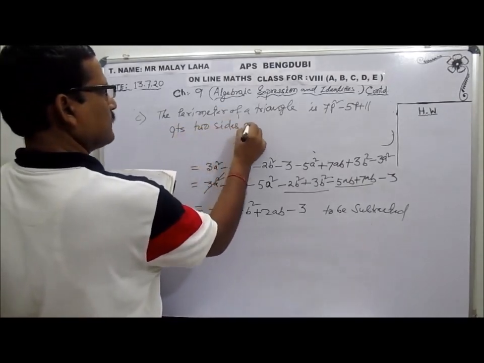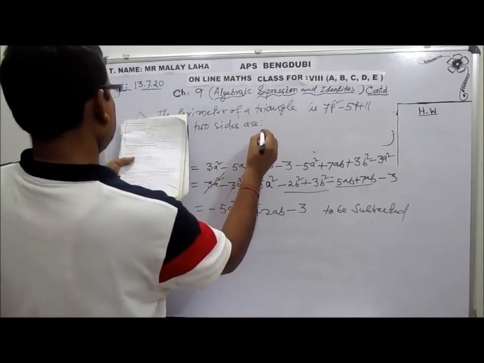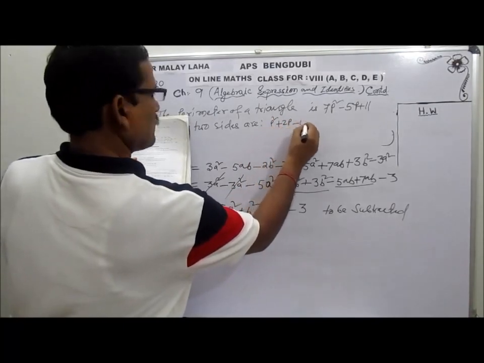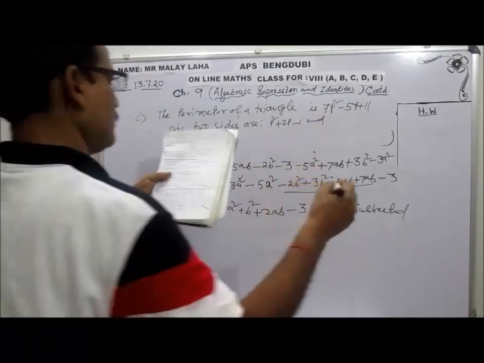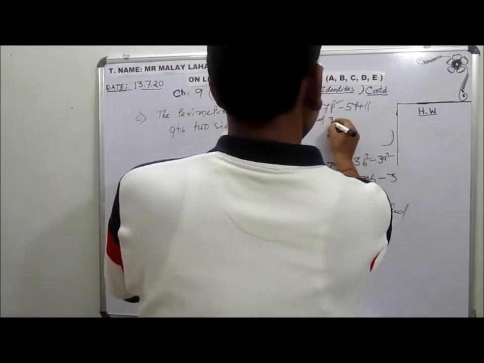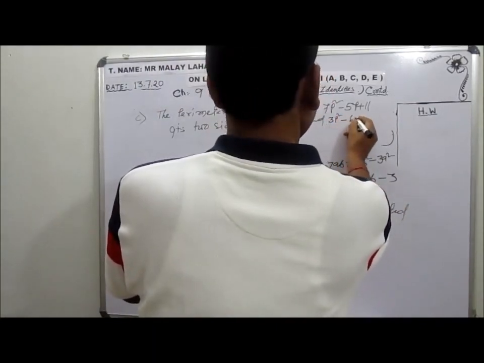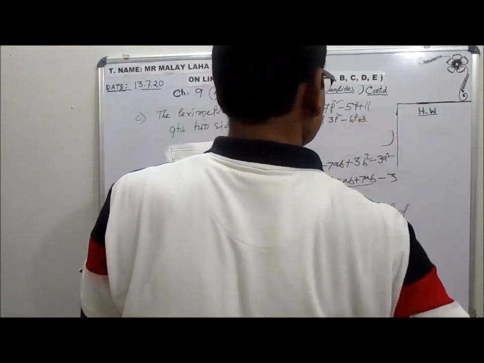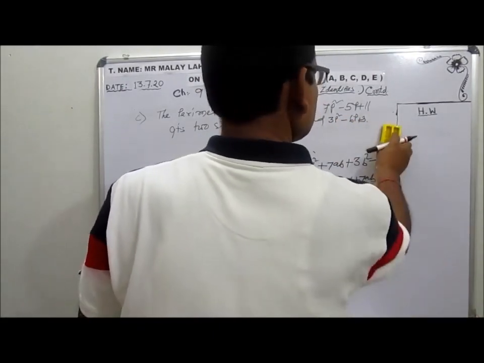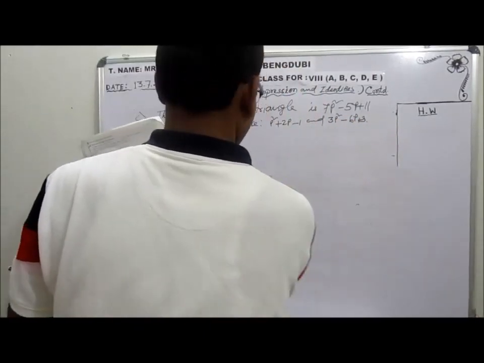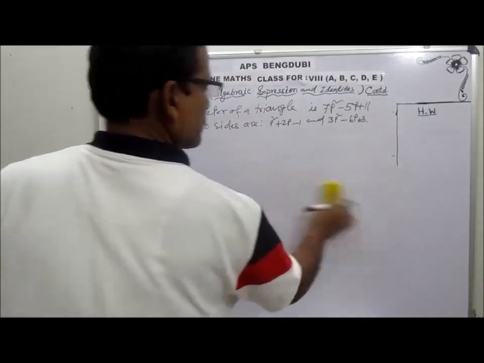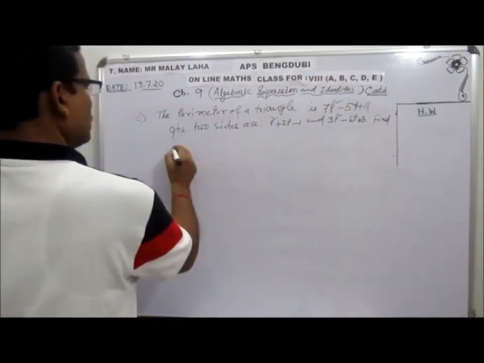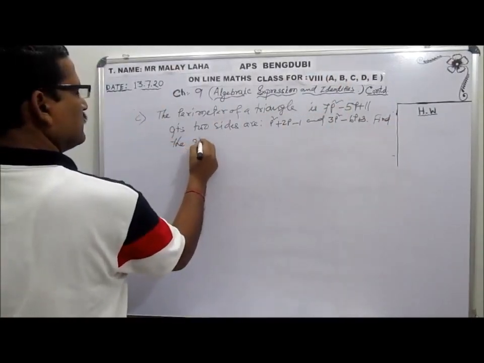What are the two sides? p square plus 2p minus 1 and 3p square minus 6p plus 3. Okay, find the third side.